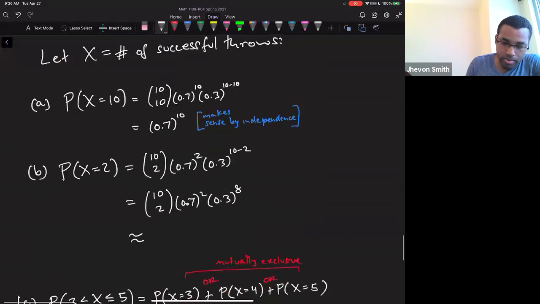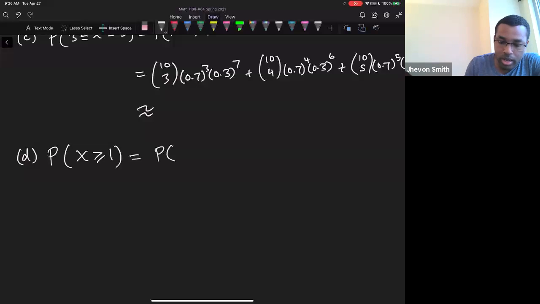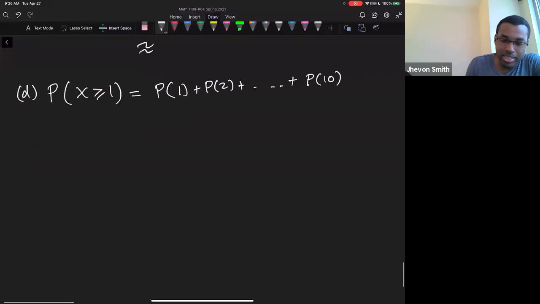Makes at least 1. This means x should be greater than or equal to 1. Of course, that would mean the probability of 1 plus the probability of 2 plus so on, which is a lot. So I would use the complement.